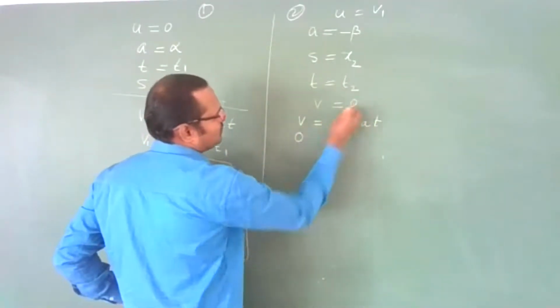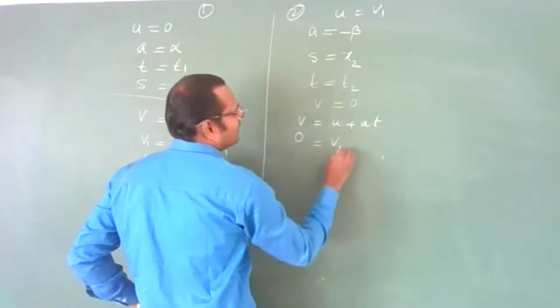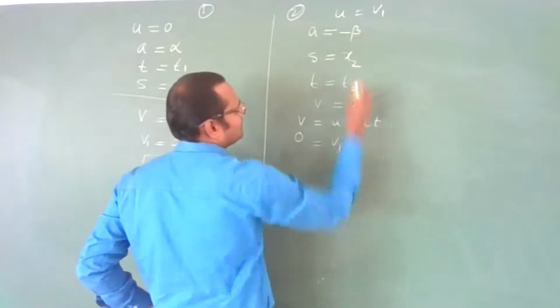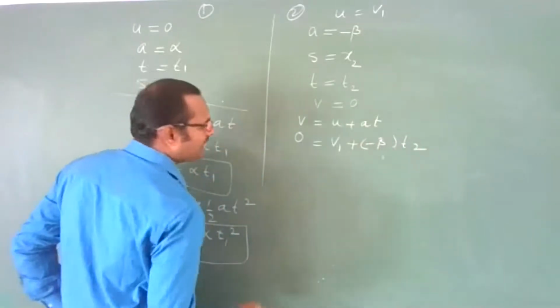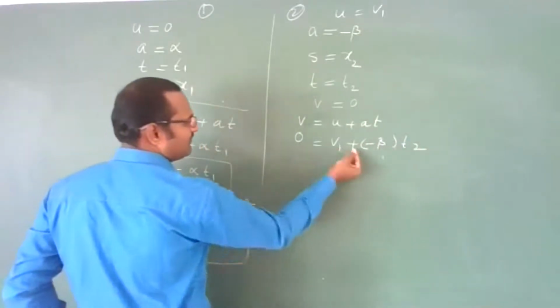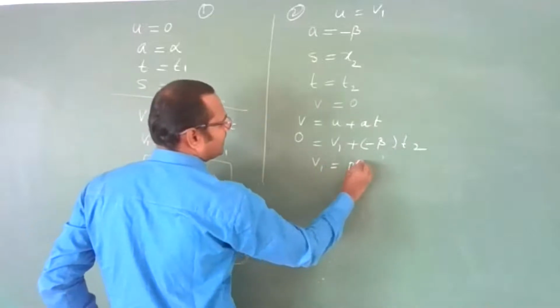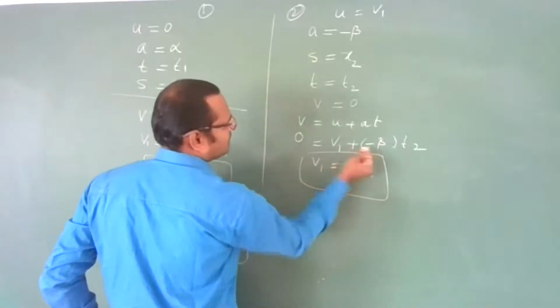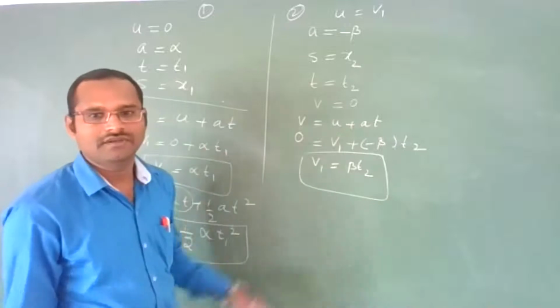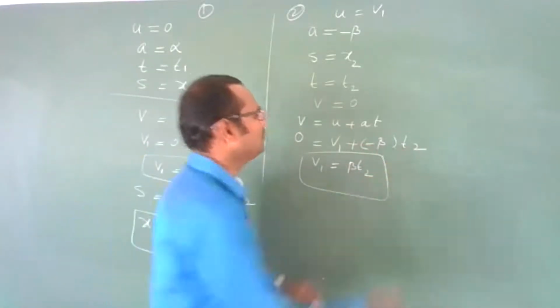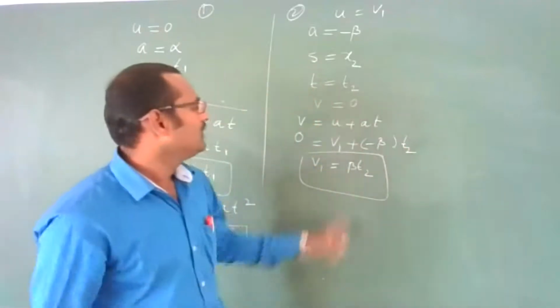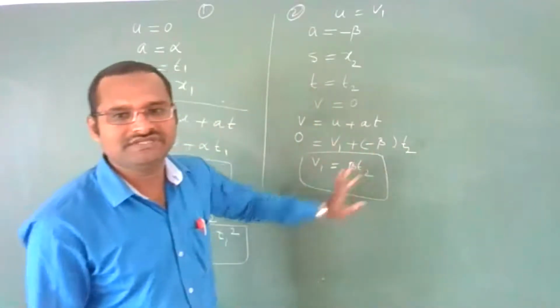The final velocity becomes 0, u is v1, and acceleration is minus beta, for time t2. So v1 is equal to beta t2. This is one equation.